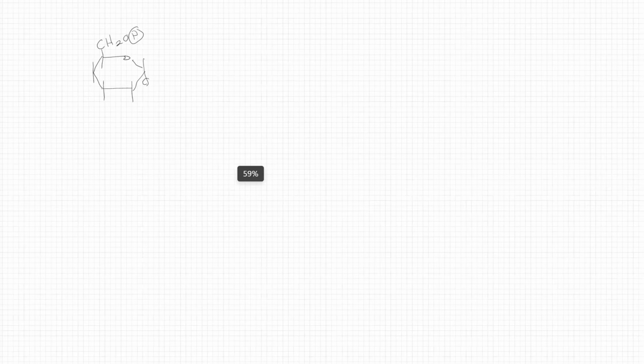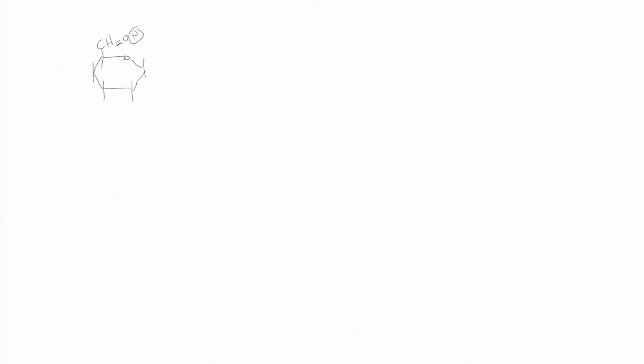So we've got our glucose 6-phosphate. Oh my goodness, I'm dragging things all over the place here. Let's see if I can fix this. And once we have our glucose 6-phosphate, we're going to convert it to fructose 6-phosphate.